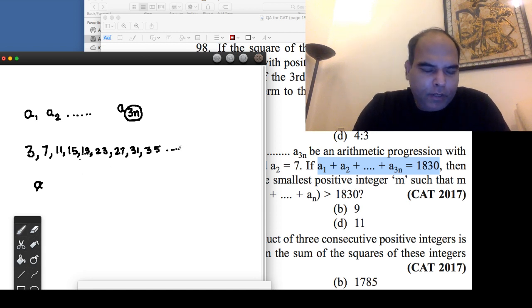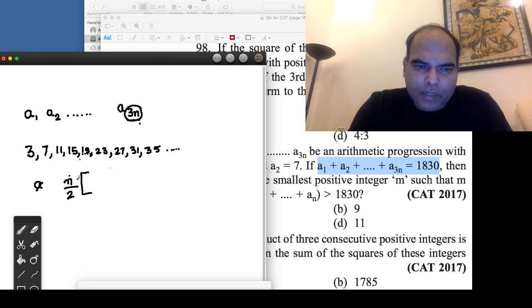Now from this point, there are two ways in which you can move on. One way is the standard AP formula, n by 2, wherein this n is not the same as this n. The value of this n will essentially be 1/3 of 3 times the value of this n.